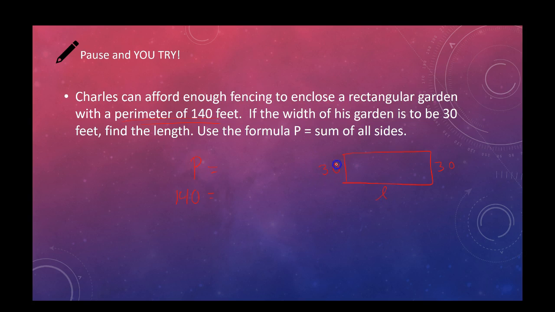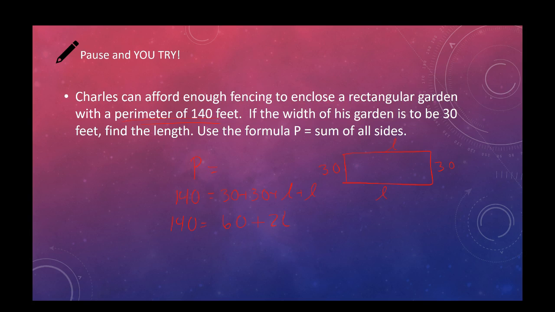Don't forget that 30 and 30, that's two widths, and then there's two lengths. So this perimeter would actually be 30 plus 30, that's two widths, but then I have to add two lengths. Okay, so don't forget that. So that's 140 equals 60 plus, and then I have two L's.